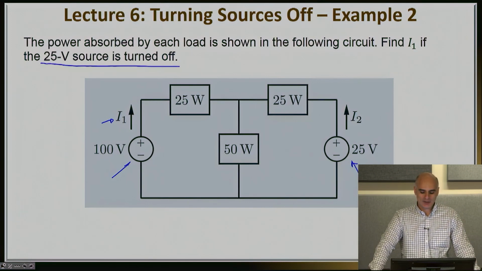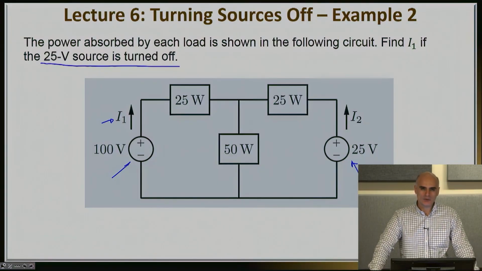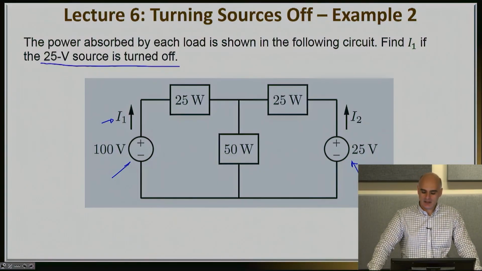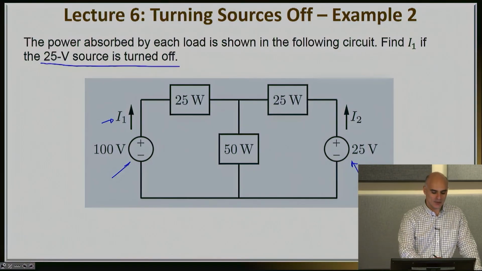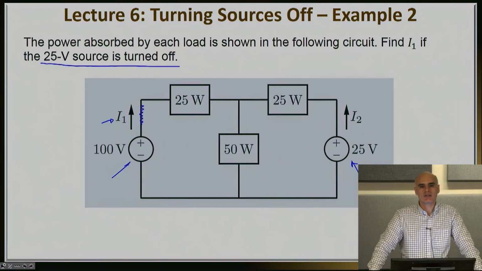What if my 25-voltage source is being turned off? Maybe I have a power failure. What would be I1? If indeed my 25-voltage source fails and is removed from that circuit, would I1 be so high as to perhaps burn the wire here? Am I still within safe limit?